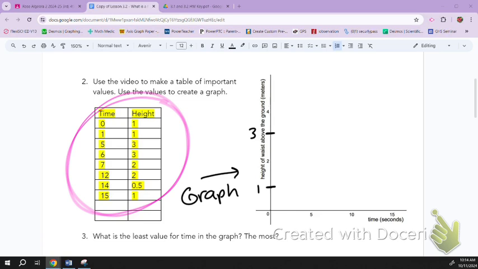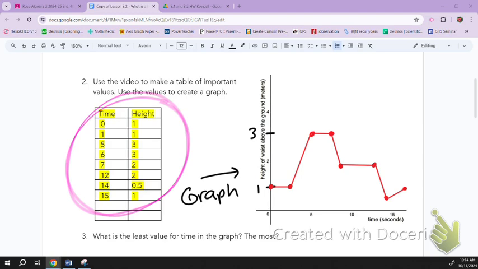So right now we're going to graph. Do your best graph. I tried to take some points that I could easily graph and then connected them.